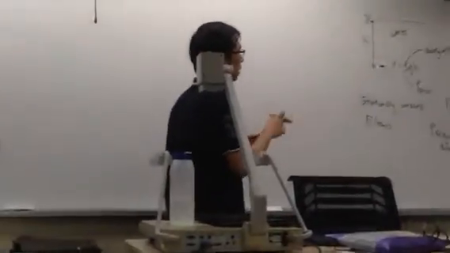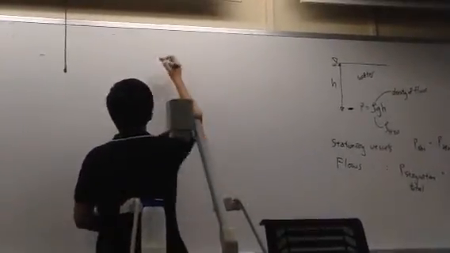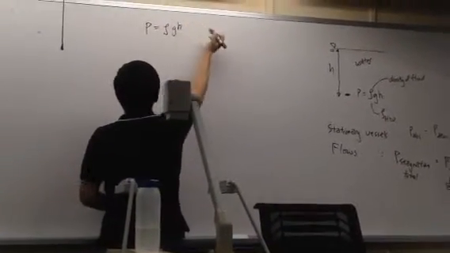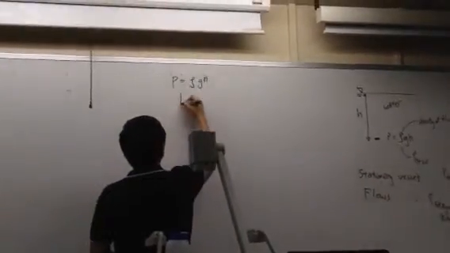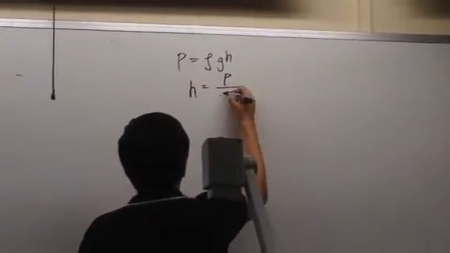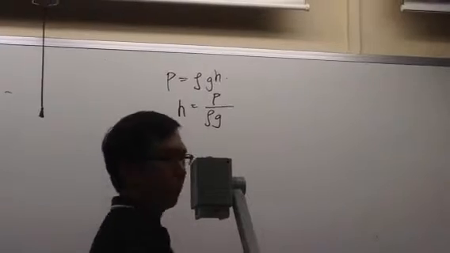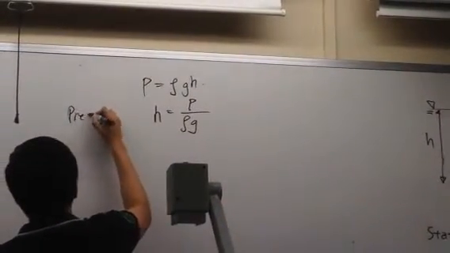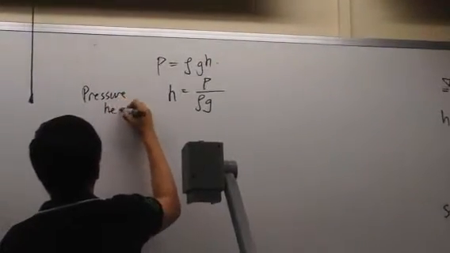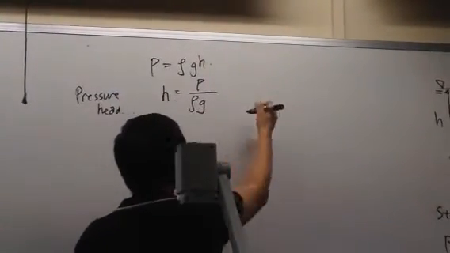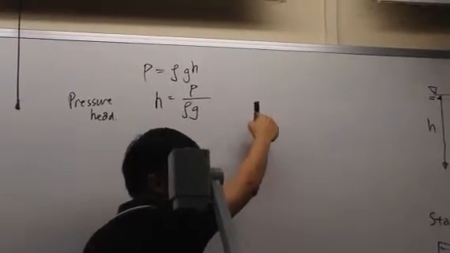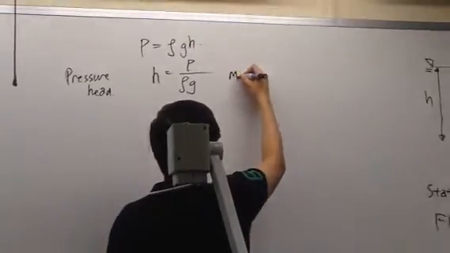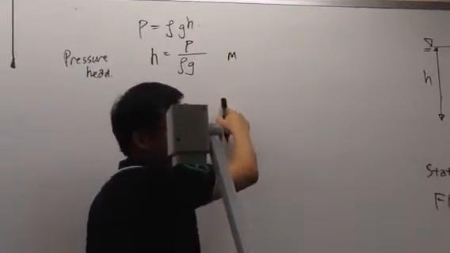Then finally there is the thing called head. We have this, right? This is called pressure head. And the units is what? Meters, because this one divided by this one will give you meters.